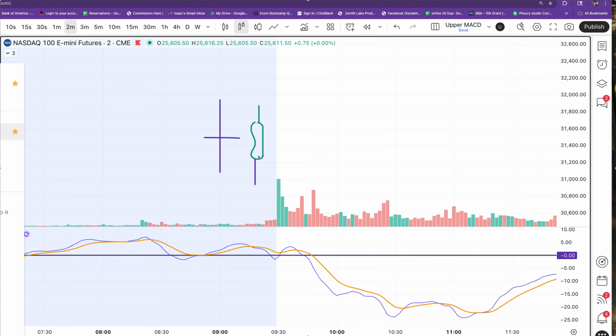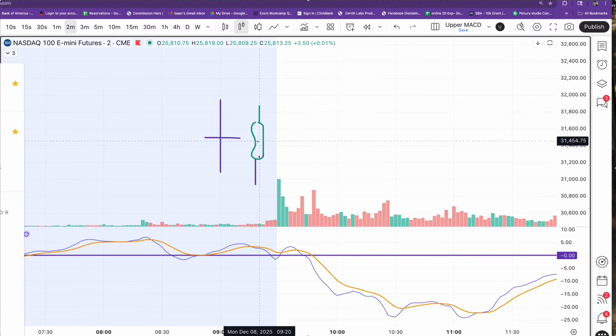The wicks said downtrend, but the body said uptrend. So the two neutralize each other, and we're stuck with no trade, which is fine. We don't have to have a trade at just past 10 a.m. because this is the 9:30 candle, which is 15 minutes. This is the 9:45 candle, which took another 15 minutes to form. Now it's 10 o'clock and we still don't have a bias, right?